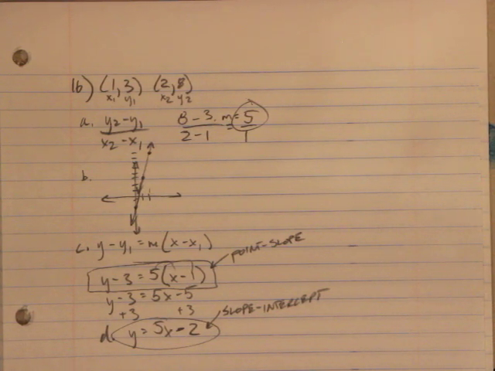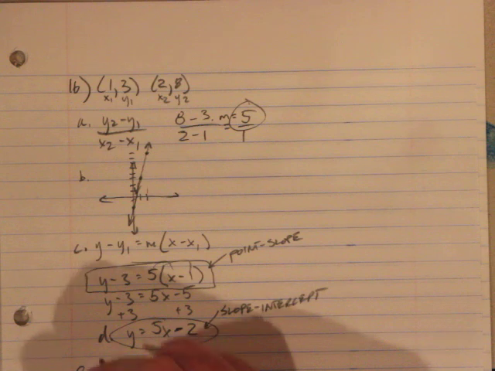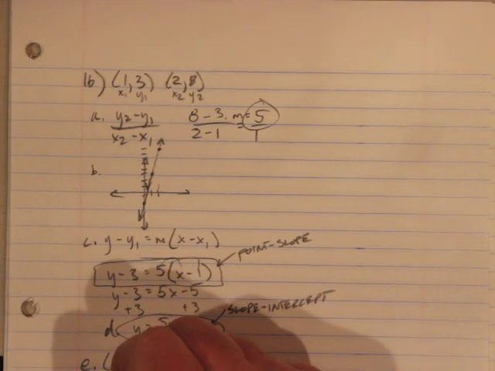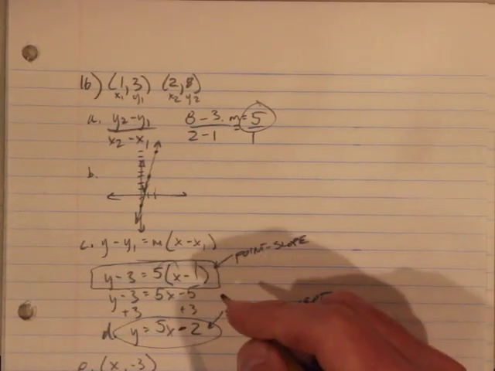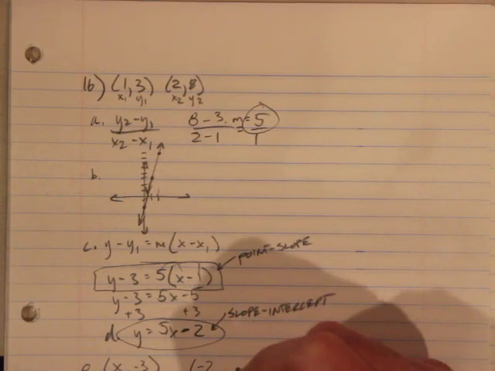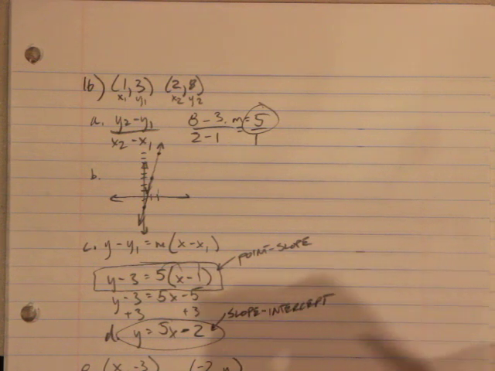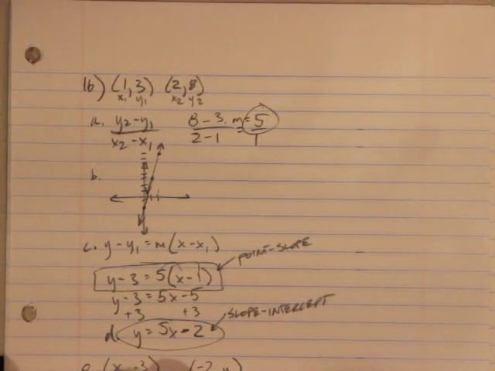And then E, fill in the missing coordinate of the points. Okay, so for E, we have a point that is x, negative 3, and we have another point here that is negative 2, sorry, and y. And we need to find out what x equals in this instance here, and we want to find out what y equals in this instance here.